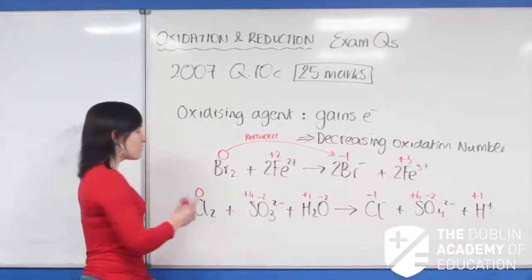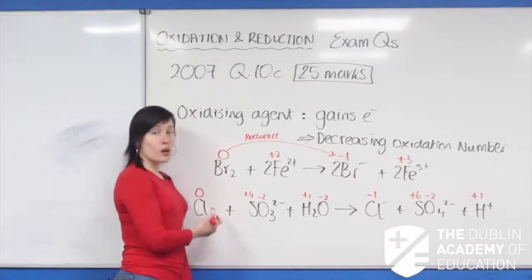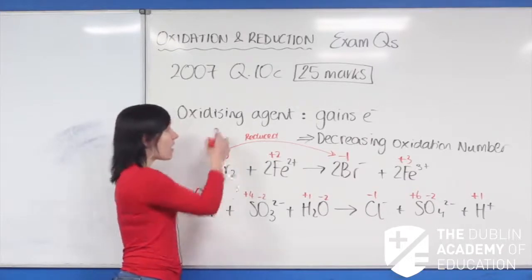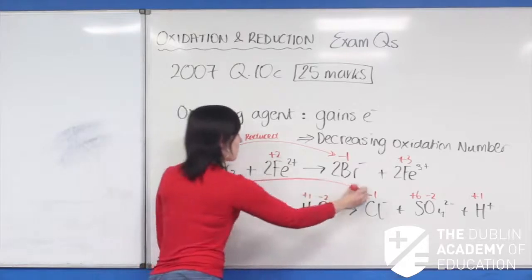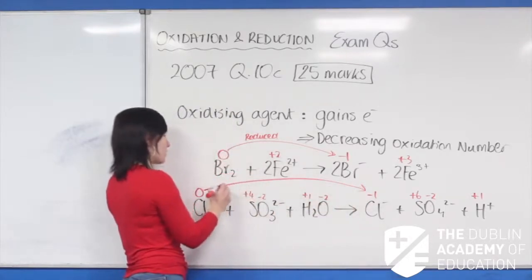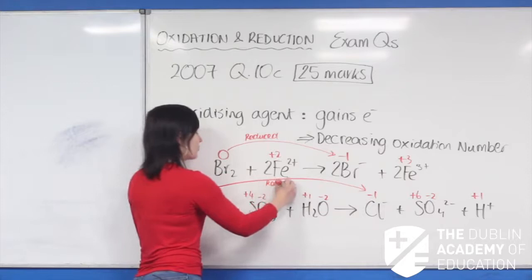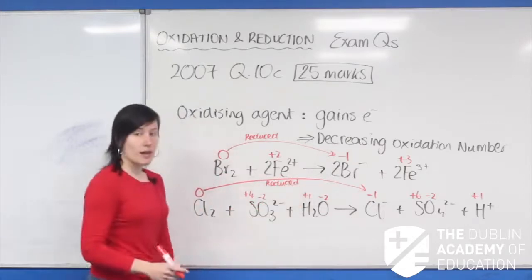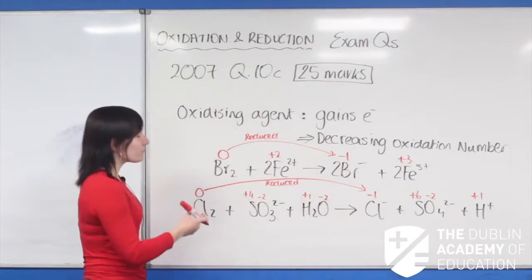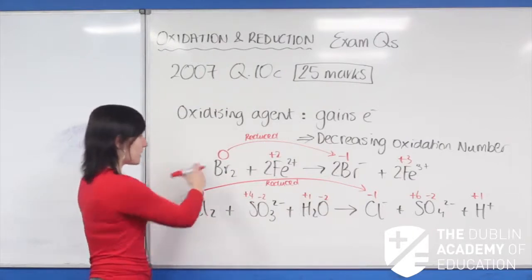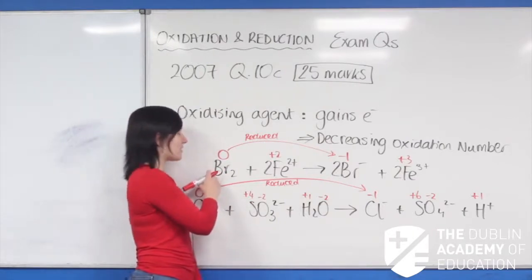Again, we are trying to prove that our halogen, the chlorine, is the oxidizing agent. And we see that it is, because it's going from 0 to minus 1. Therefore, it is reduced during this reaction. Okay, therefore, it's acting as the oxidizing agent. So we have proved that the halogens are behaving as the oxidizing agents.